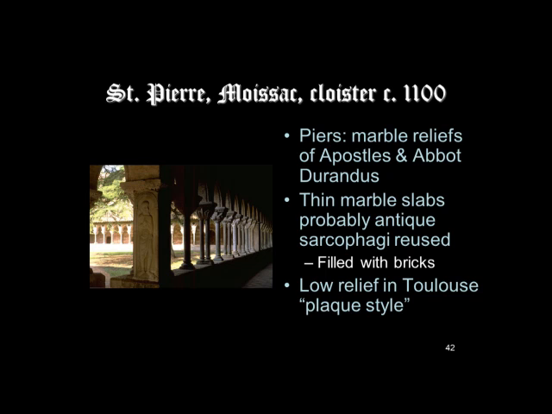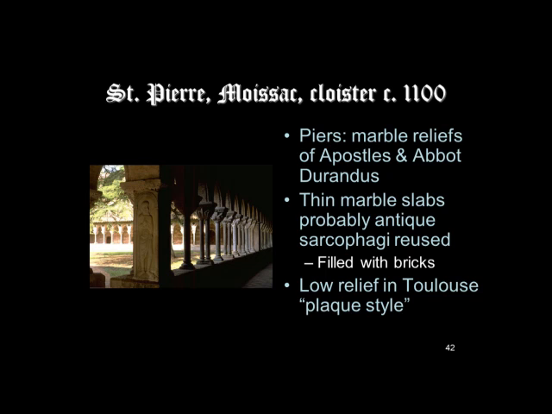Okay, so now we're looking at the columns that surround the cloister. The cloister, of course, is the open area, and then you have a covered walkway around that. And you'll see there are these heavy piers, these rectangular, heavy, large structures that hold up the arches.